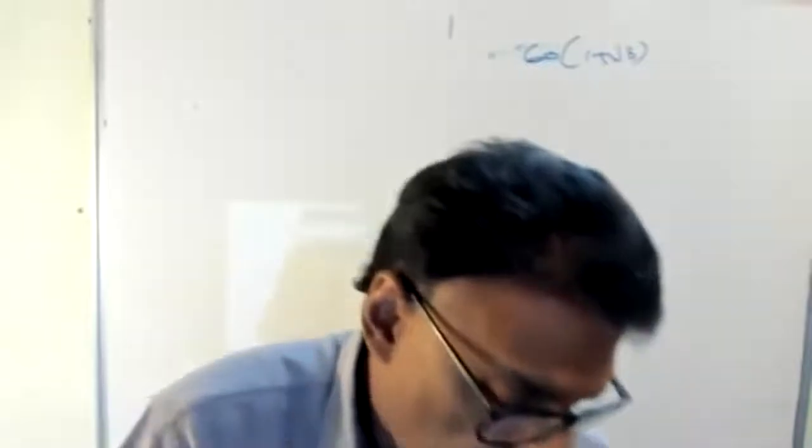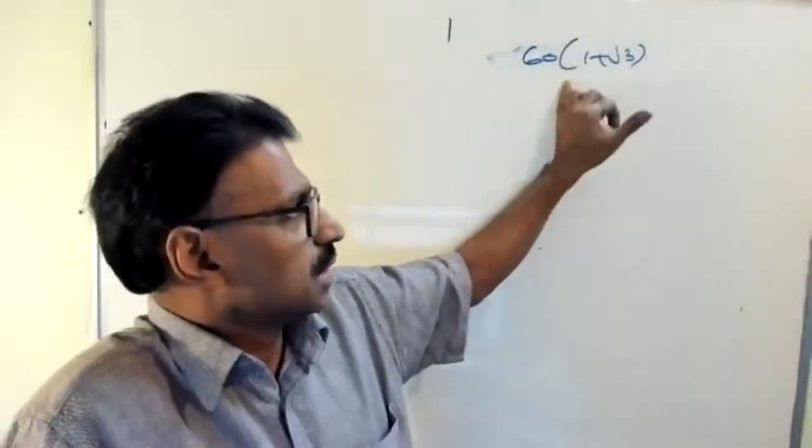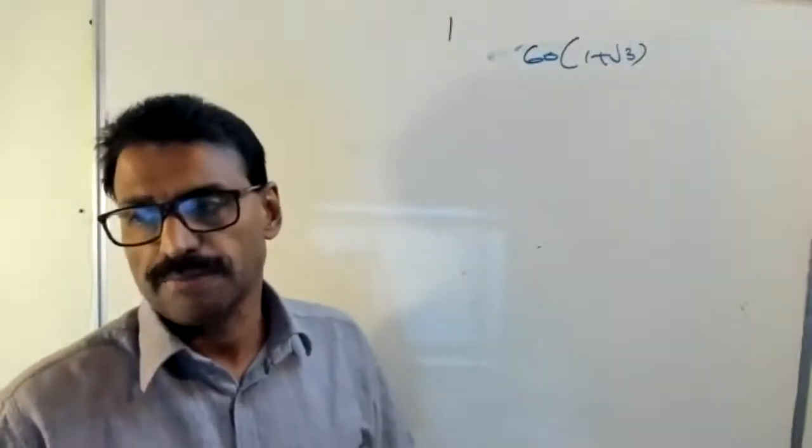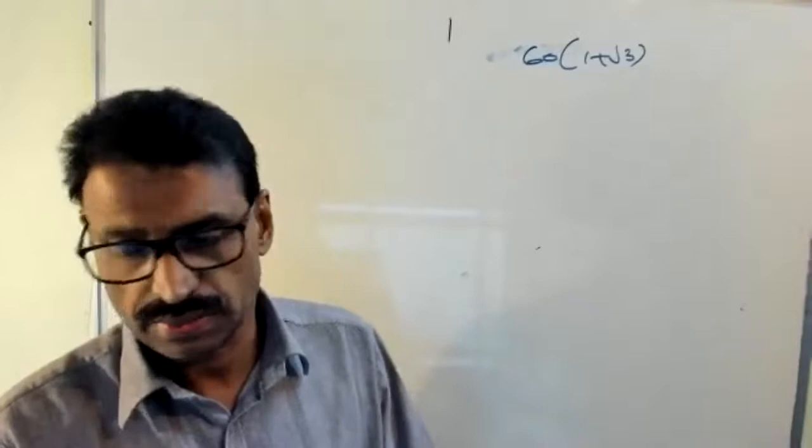Show that the height of the opposite house is 60 into 1 plus root 3 meters. Okay. You try. If not getting, I'll show you. First try that. Okay.